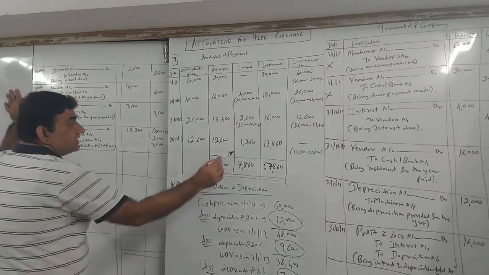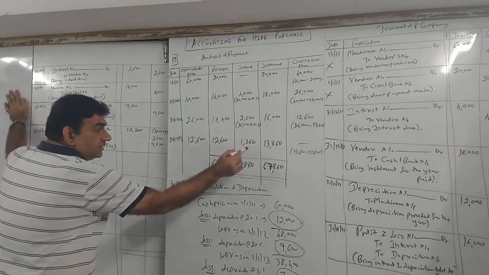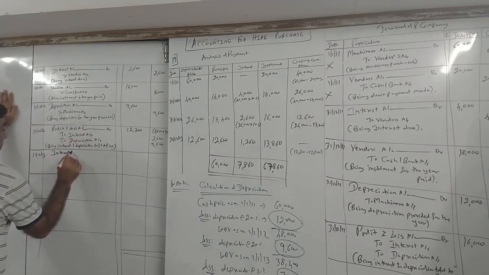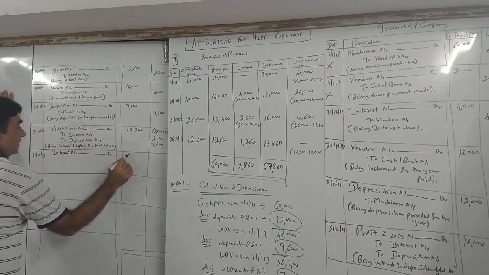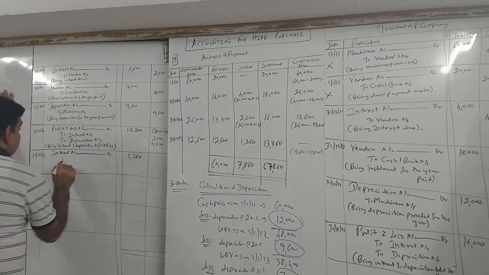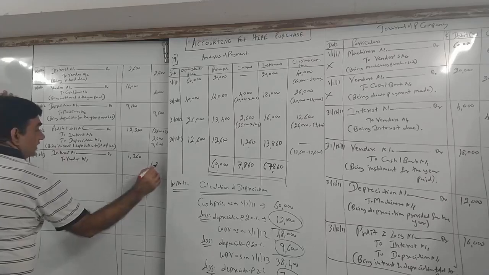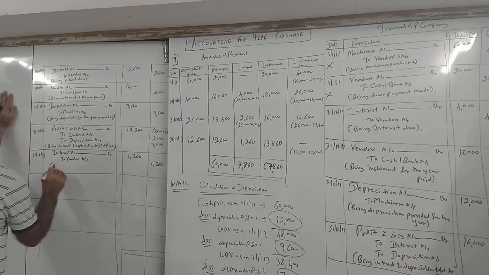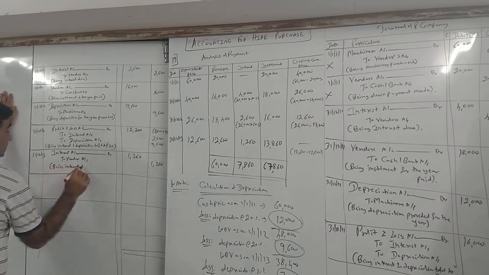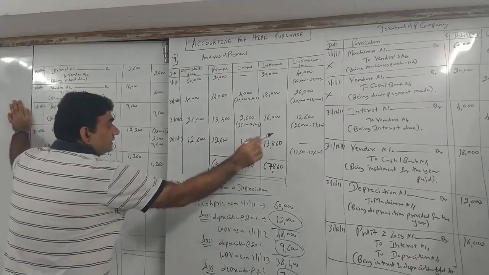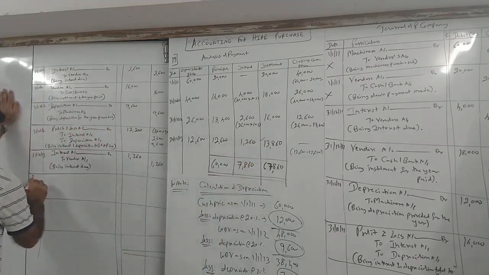Again, interest. What is my last year's interest? From the table, 1,260. So interest account debit 1,260 payable to the vendor. So to vendor 1,260, being interest due. Installment. Last year's installment 13,860.